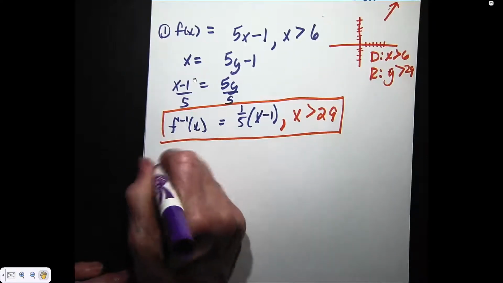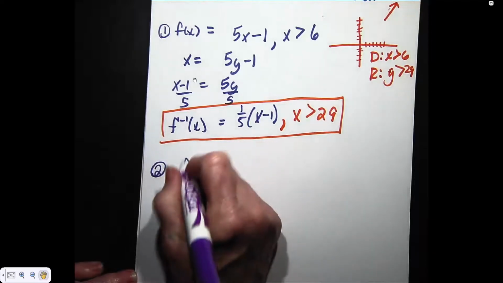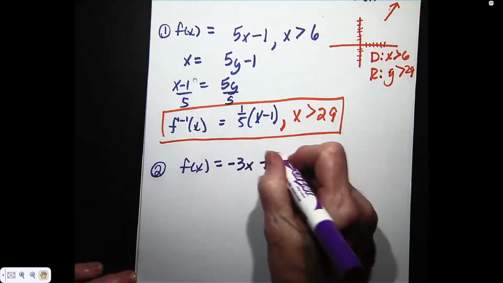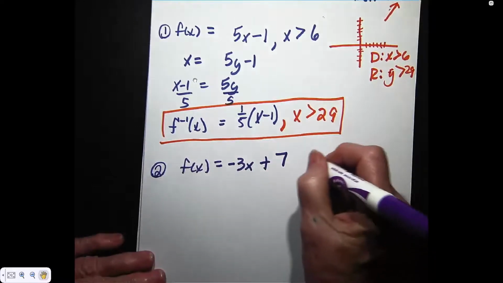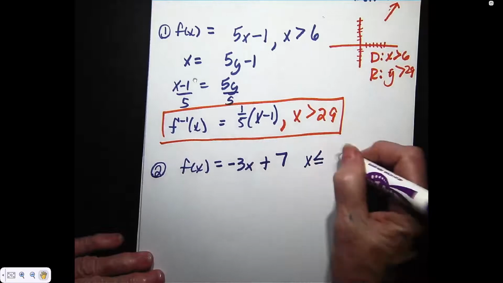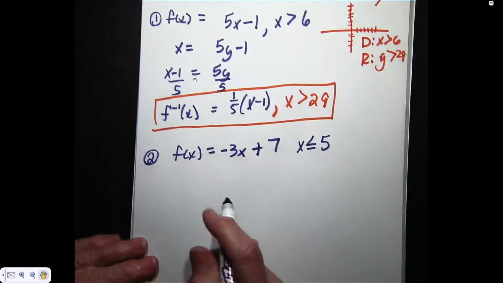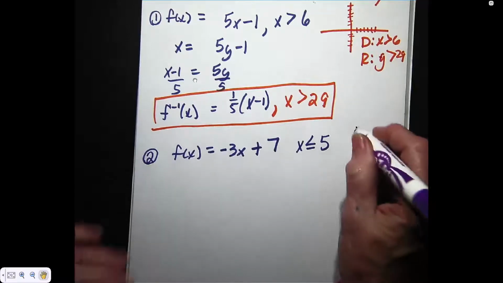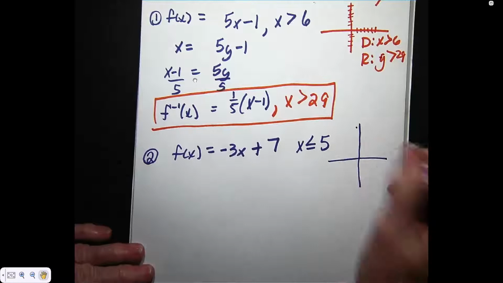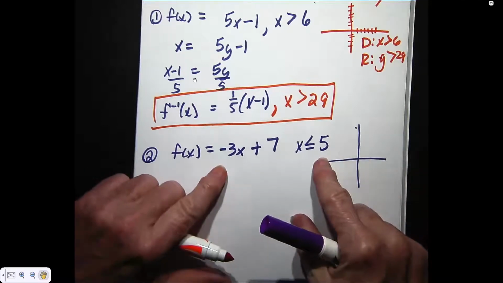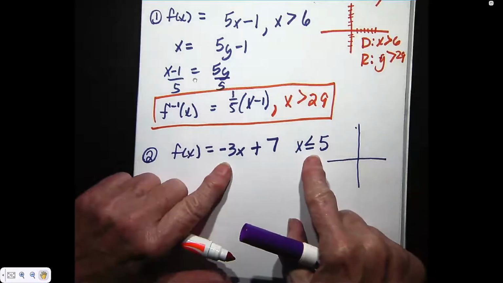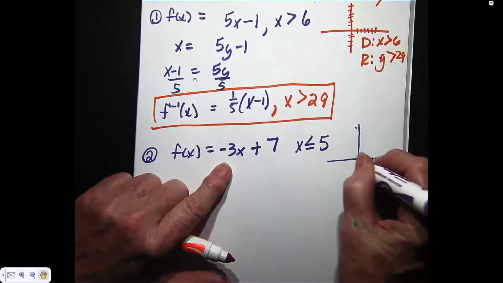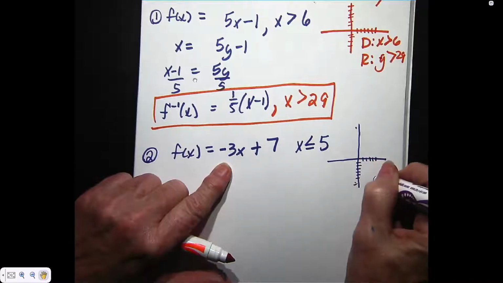Now let's say I've got something like f of x is equal to negative 3x plus 7 for x less than or equal to 5. Again, if we think about what this graph looks like, putting in 5, negative 15 plus 7 is negative 8. So that would be here.